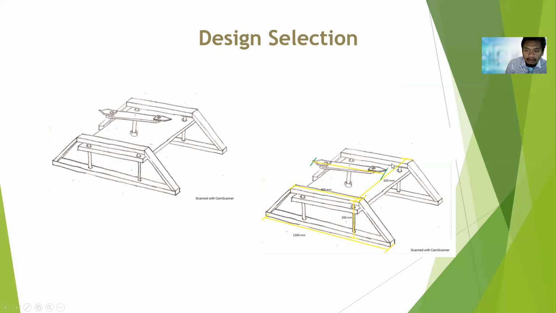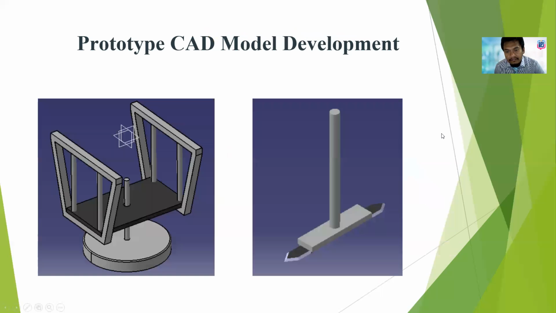Then we put the dimensions of our design before we sketch in CATIA V5. So, prototype CAD model development, using CATIA V5, we come up with the design for the semi-autonomous mower cutting.